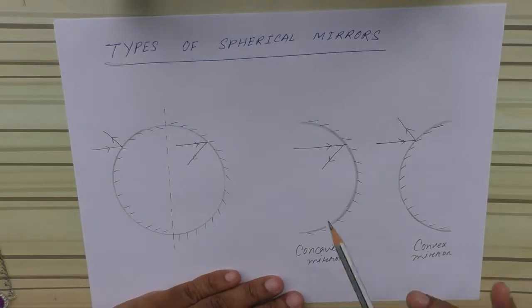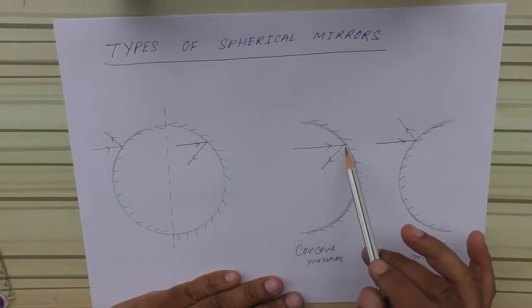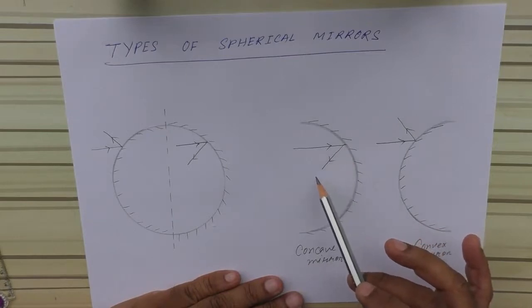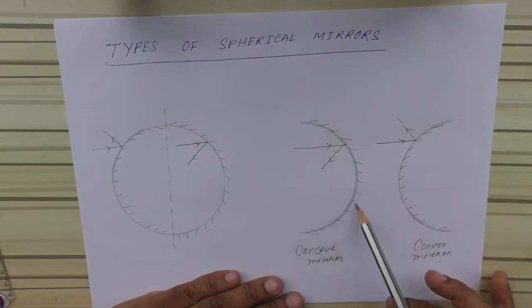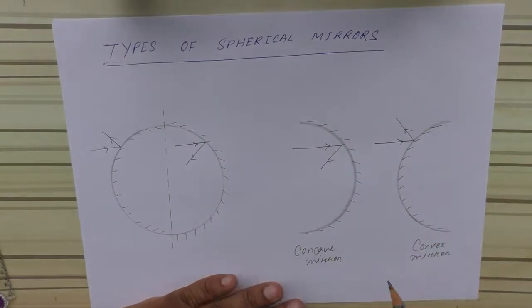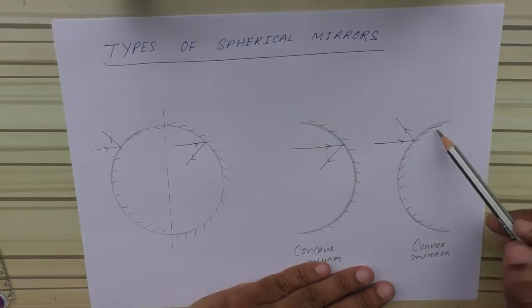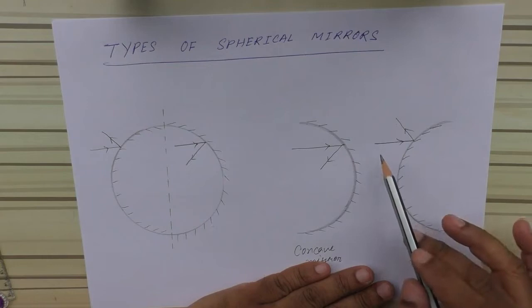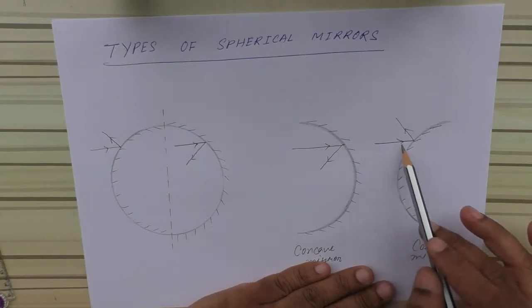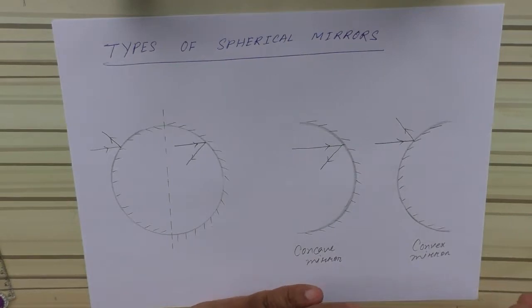Concave mirror is a type of spherical mirror in which reflection takes place from bent in surface or concave surface and which is polished from outer surface. Convex mirror is a type of spherical mirror which is polished from bent in surface and in which reflection of light takes place from outer surface, or we can say bulging out surface.